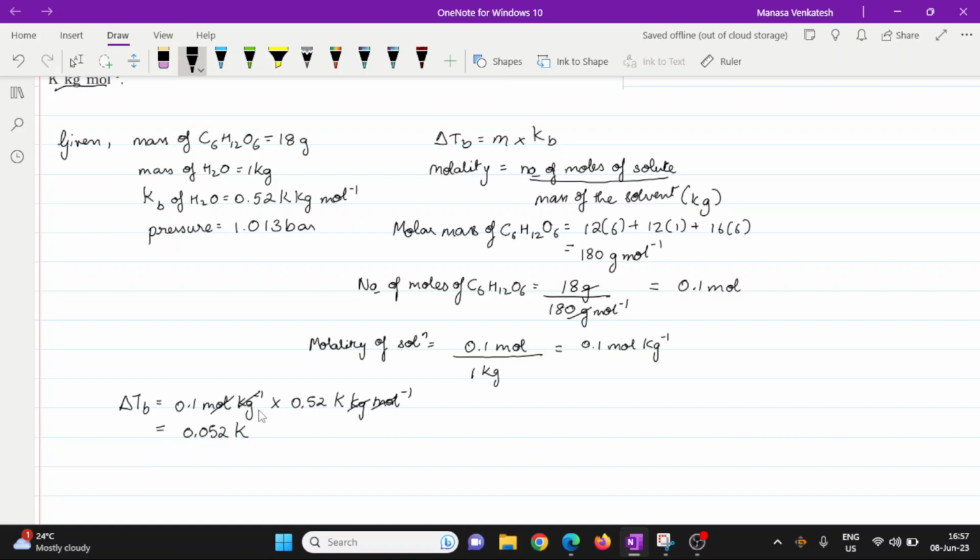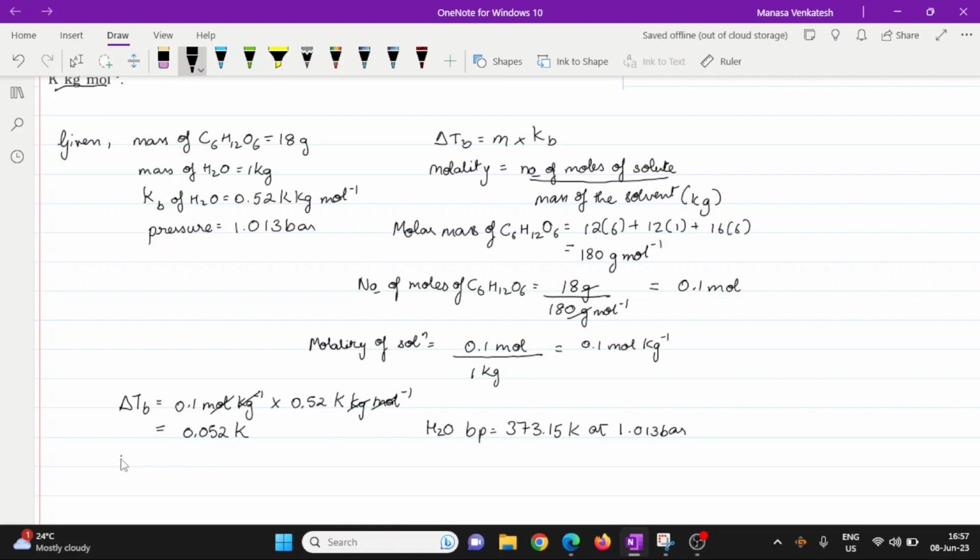Now we know that the boiling point of water is equal to 373.15 Kelvin at 1.013 bar. So this is atmospheric pressure. The boiling point of water is 373.15 Kelvin.